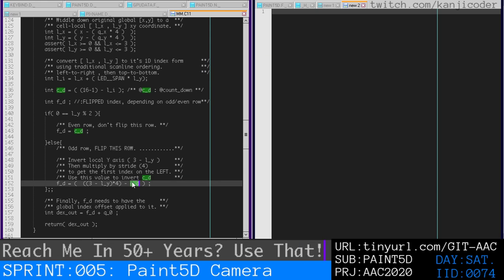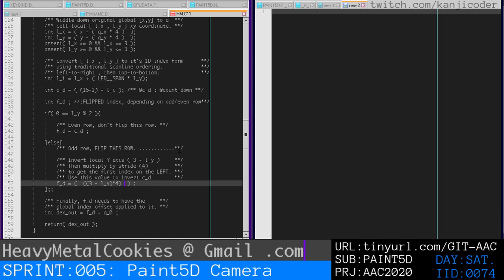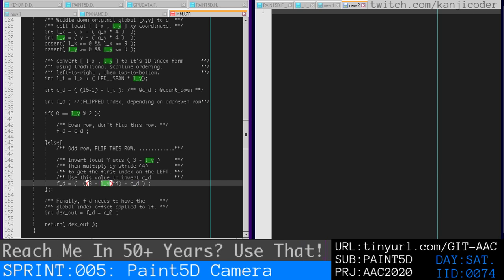And this is the value. We're taking this, but this should actually be on the other side, shouldn't it? It should be the CD minus this, maximum. Well, hold on. So 0, 1, 2, 3. 0, 1, 2, 3.